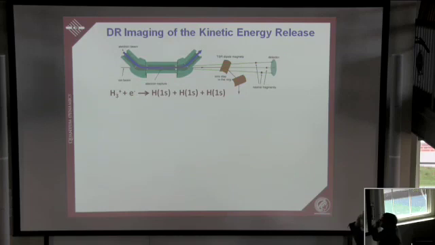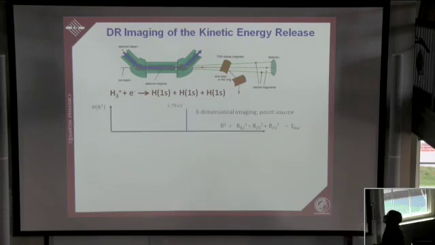Now to analyze the rotations, we have a different technique. What we use there is we create the electron capture here in the electron target, and then we look at the distances of the particles on the detector after electron capture, and we can use this case of H3+, the 3-body breakup, where it breaks up into 3 ground state atoms, as a diagnostic for the initial energy that's in the molecule.